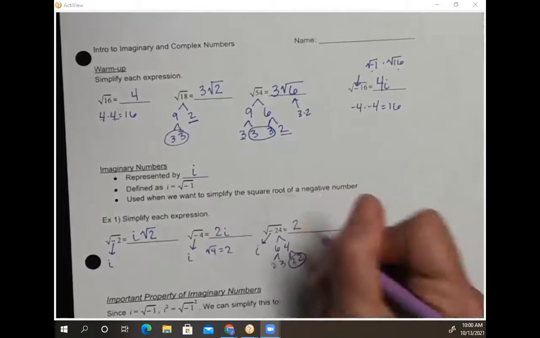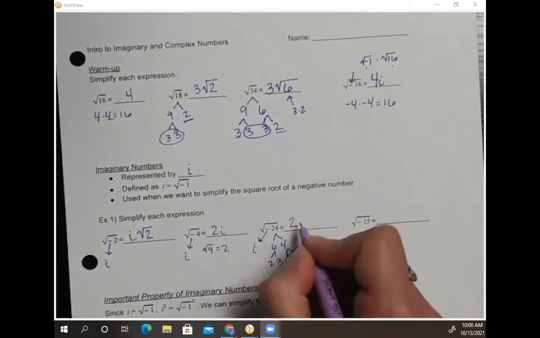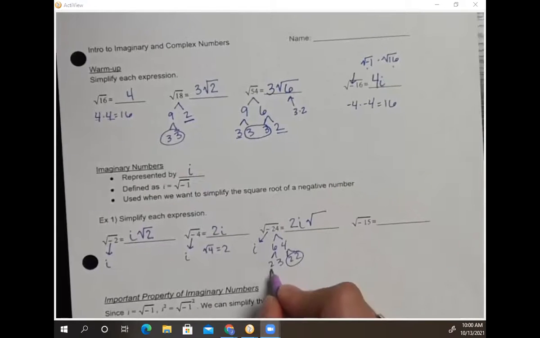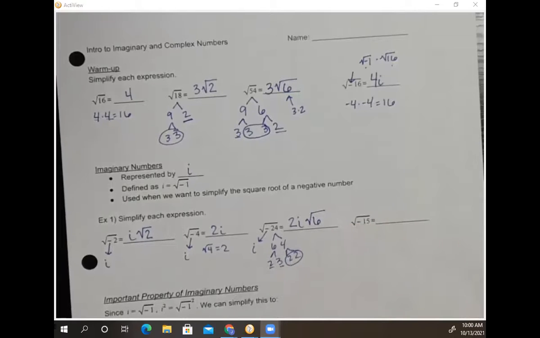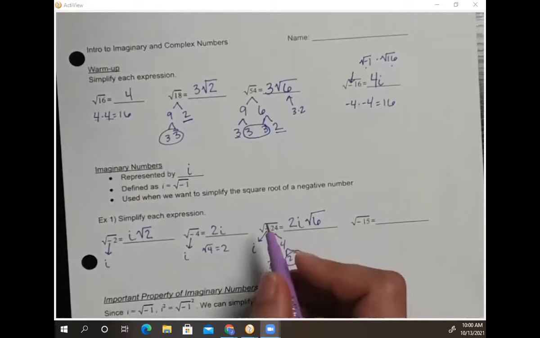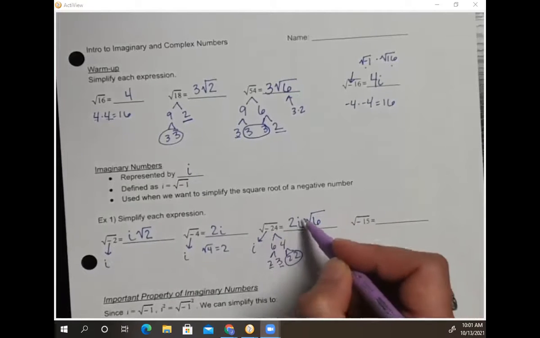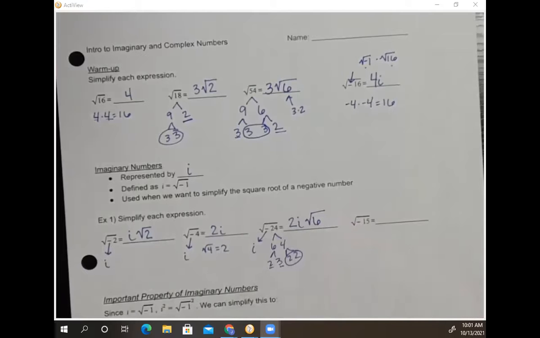So I've got a 2 that I can pull out. I also will have this i hanging out in front. And then stuck inside my root would be this 2 and 3. Multiply them back together to get 6. We've simplified roots before. We did this in Algebra 1. We just didn't do it with negative numbers. Okay, so if you're simplifying the root of a negative, you're going to have an i in your simplified form.